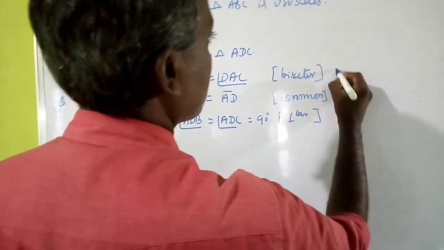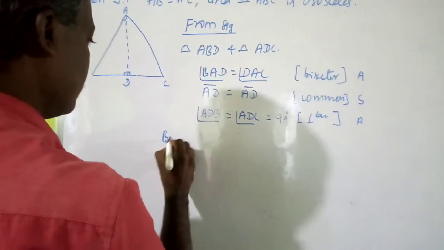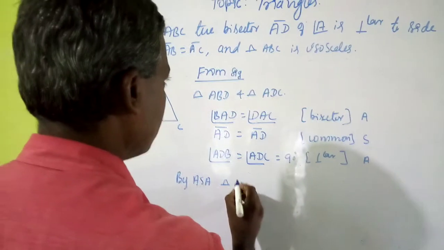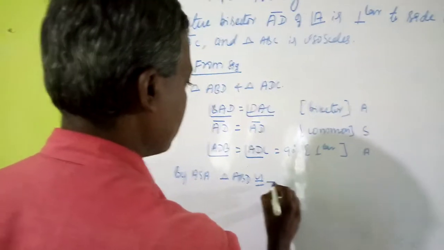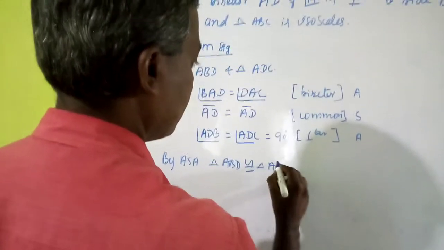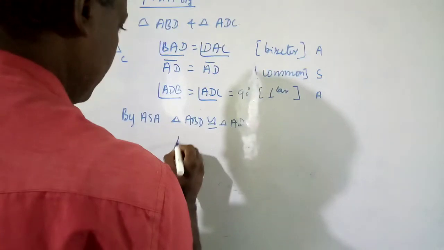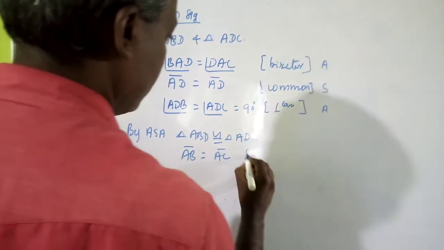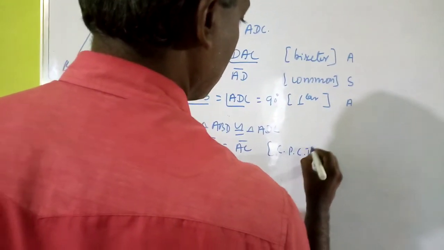So now here, by ASA, triangle ABD is congruent to triangle ADC. Correct, friends? Yes. So now side AB is equal to side AC. Why? Because of CPCT, corresponding parts of congruent triangles.